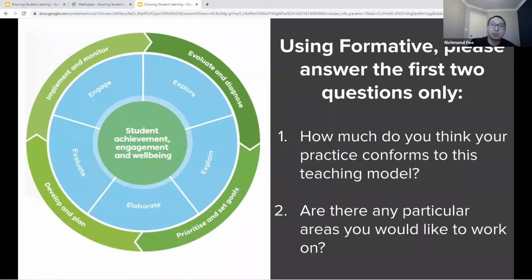So what I want to present to you today is this teaching model that I've taken from the Department of Education in Victoria. Again, it's just a model. I'm not advocating it, but I thought it's a really nice way to frame this conversation. You start off with evaluating and diagnosing, figuring out where they're at and what they need to know, and set some goals.